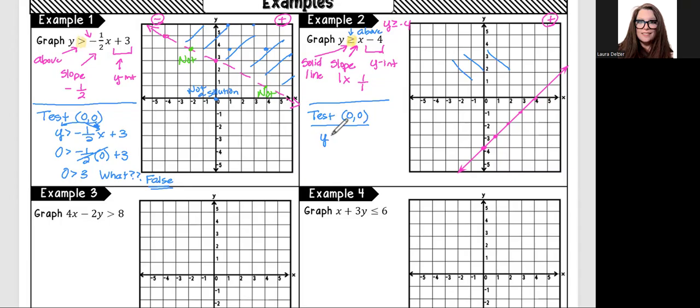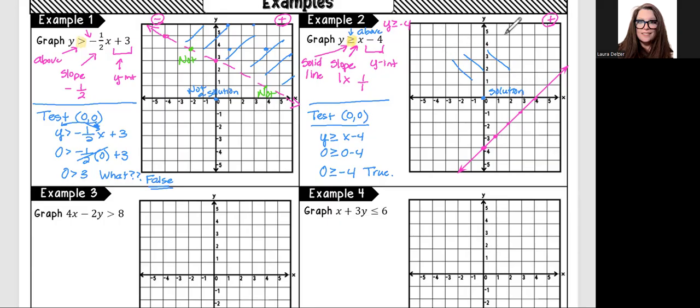So we're going to do y is greater than or equal to x minus 4. I'm going to plug my zeros in. We got 0, 0 is greater than or equal to -4. That is a true statement. And so we know then this point here is a solution.